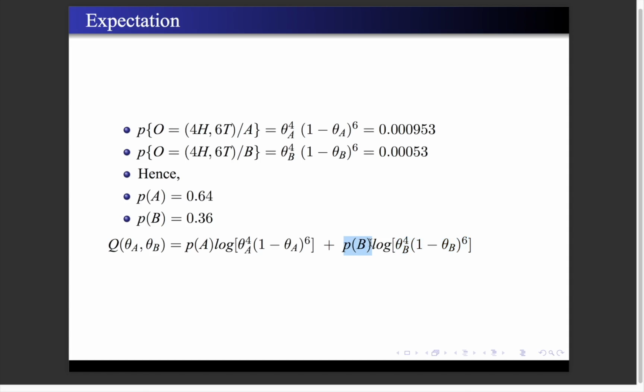It's like weighting both likelihoods by their probabilities of occurrence. So this one is multiplied by the probability of A, and this one is multiplied by the probability of B. After that, when you add them together, this is the expectation over the probability mass function of using coin A or using coin B. And finally, we get our Q function that is gonna be maximized in the next step.